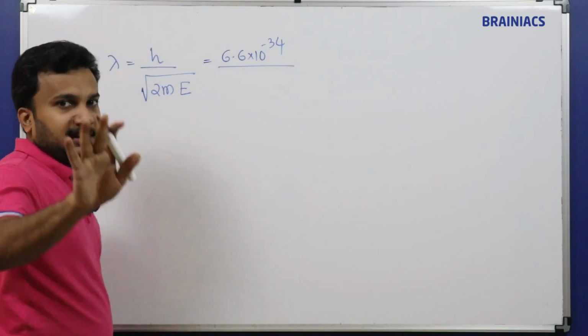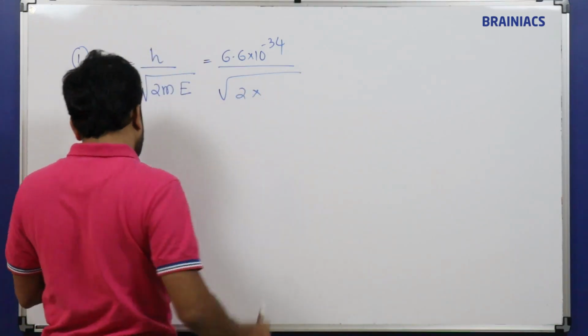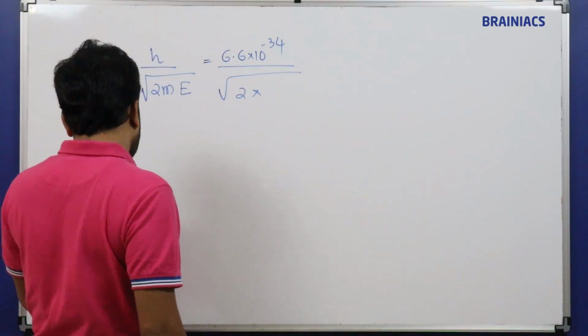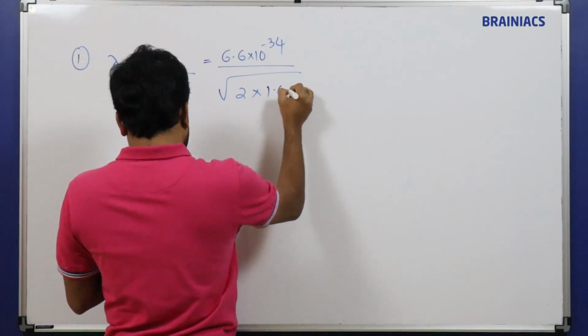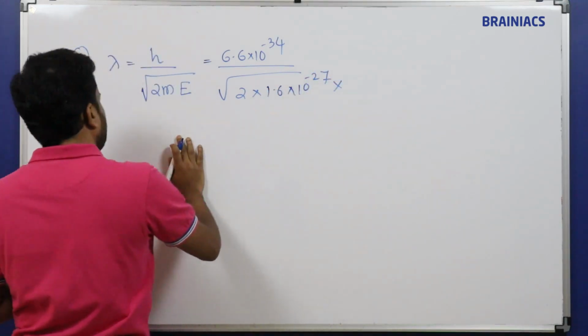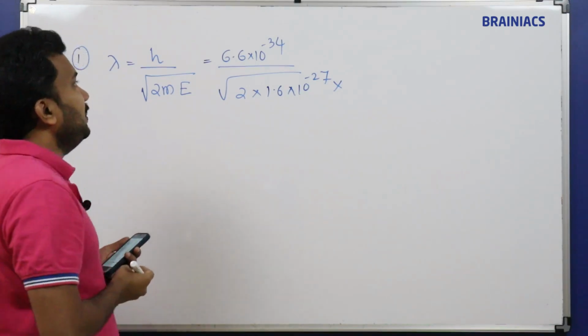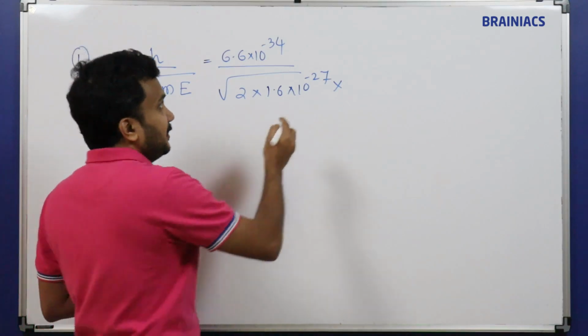It is 6.634 something, but in the entrance examination 6.6 is enough. Then root of 2 into m, the mass of the proton given in the question, 1.6 into 10 power minus 27 kilogram, into E.